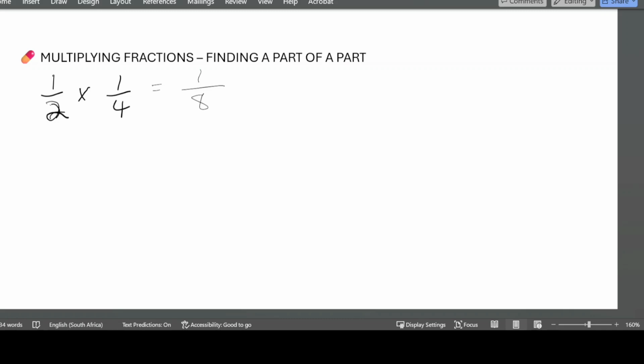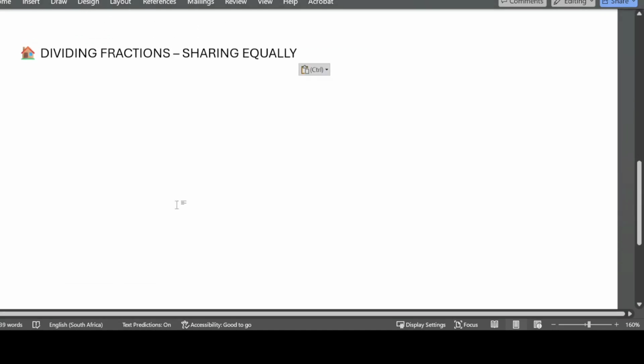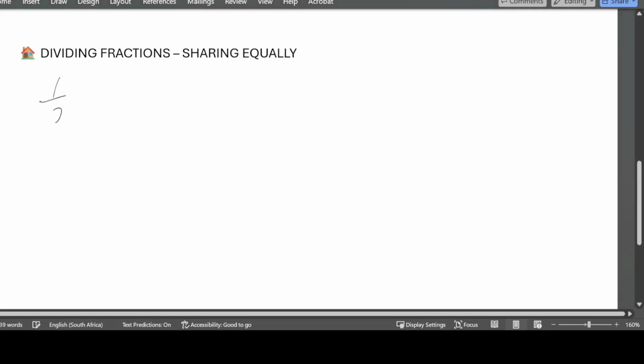Why do we divide fractions? That's the other part. Dividing fractions, sharing equally. We divide fractions when we want to share something equally. Imagine you have half a pizza and you want to share it equally between 2 people.